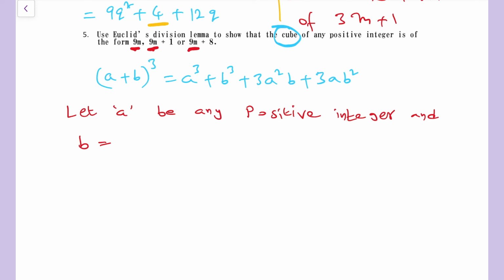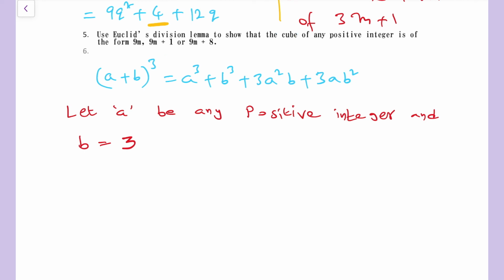That is, instead of taking the b value as 9, I will replace that b with 3. Why? If 3 is the divisor, then the possible remainders are 0, 1, 2, right? 0 cube is 0, it satisfies the first one. 1 cube is 1, it satisfies the second condition. 2 cube is 8, it satisfies the third condition also. That's why I am writing the b value as 3 instead of 9.